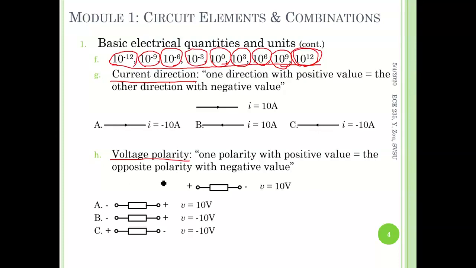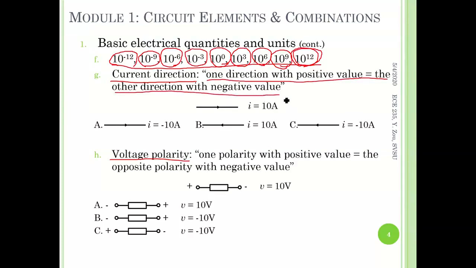Okay, making you realize that voltage, current, and power, as the most commonly used electrical quantities, have direction, polarity, and sign issues, in addition to the magnitude. So let's start with the current direction. For current direction, the most important concept you need to realize is this.